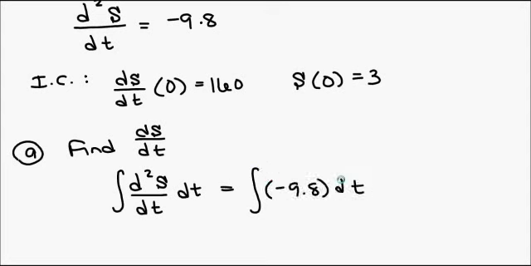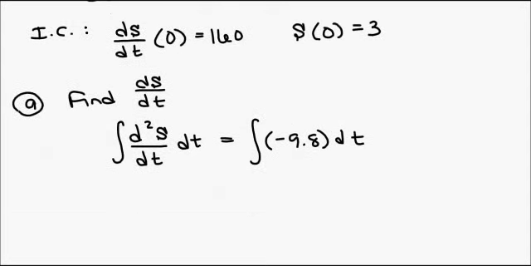So the integral of d squared s/dt squared is equal to the integral of what that is equal to, so negative 9.8. The integral of that second derivative is just ds/dt.